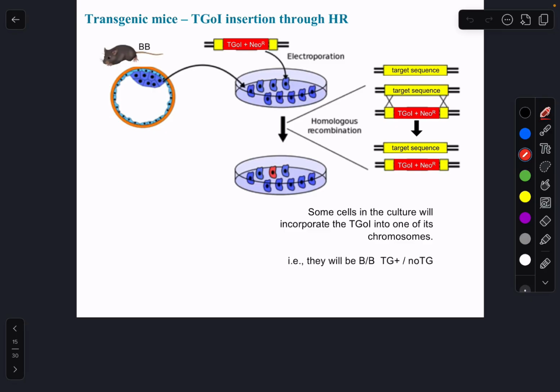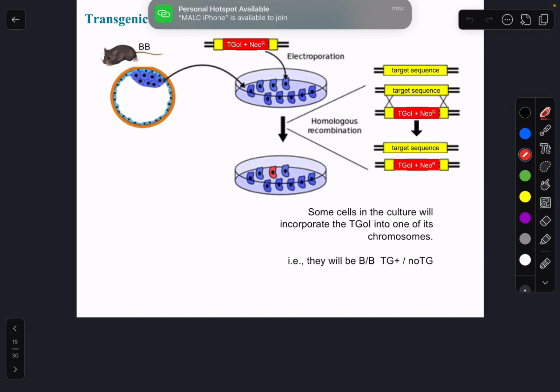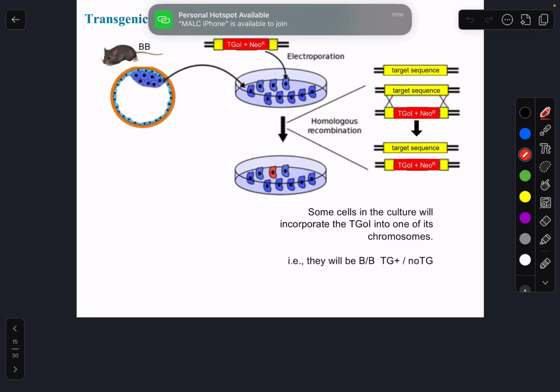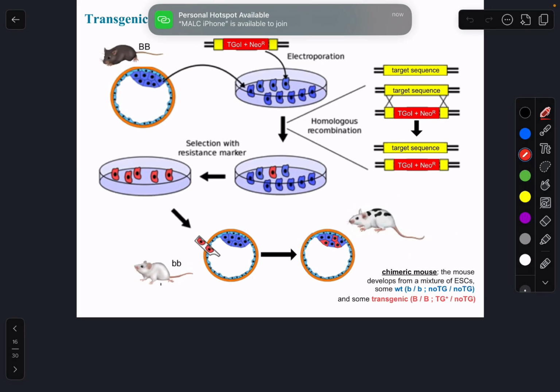In this case, we would add neomycin to this culture. All of the cells that didn't pick up the vector permanently will die. And the one lucky cell that picked it up will survive neomycin and will keep dividing until you get hundreds or thousands of them. And all of them will continue to be heterozygote for your transgene of interest.